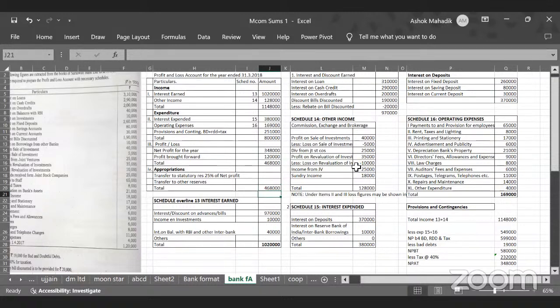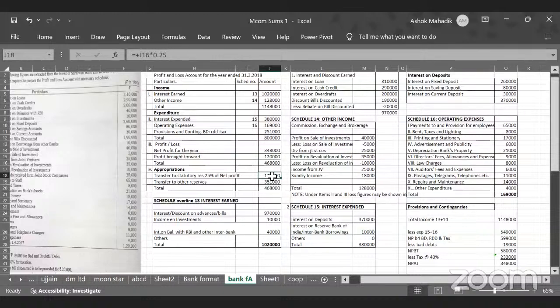Now out of this, 25% will be transferred to statutory reserves. So now plus 25% of this, into 0.25. Now the balance, whatever is there, will be transferred to other reserves. So it will be 468,000 minus this 3,51,000. Okay, students, one minute, did I calculate correctly?